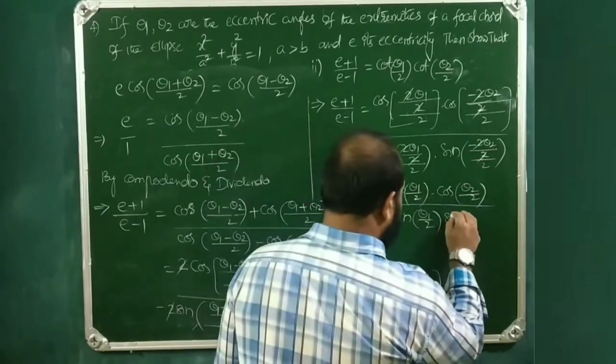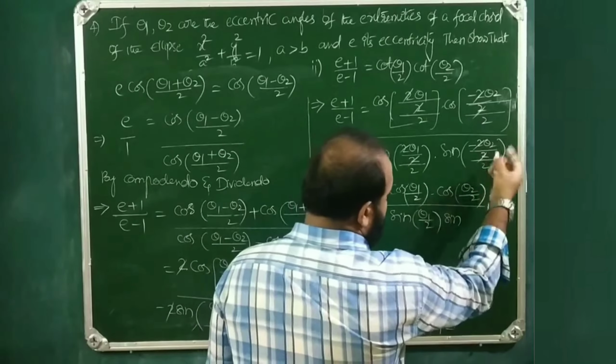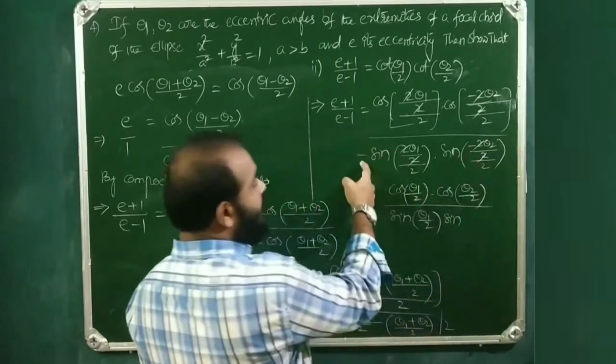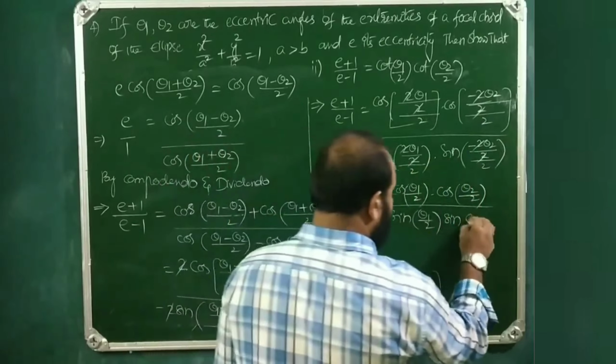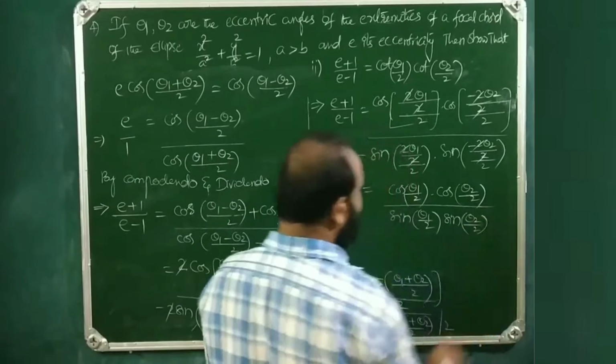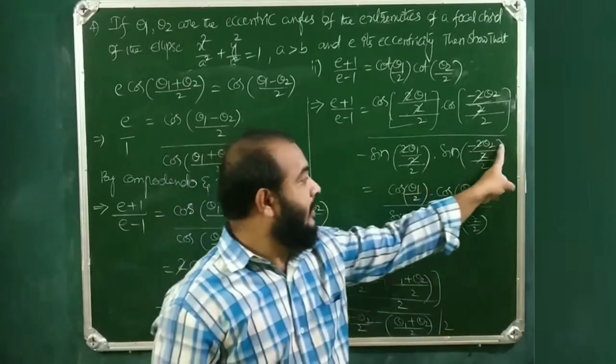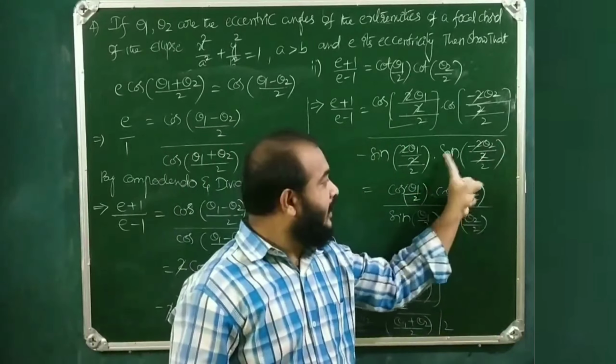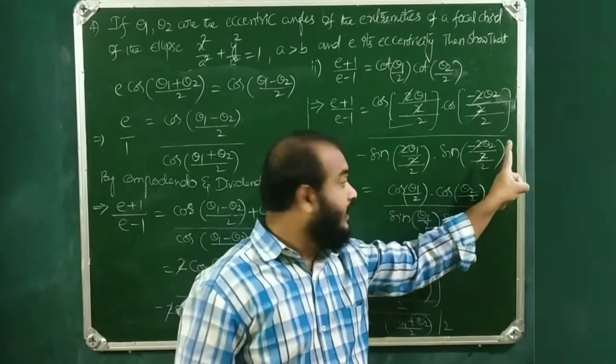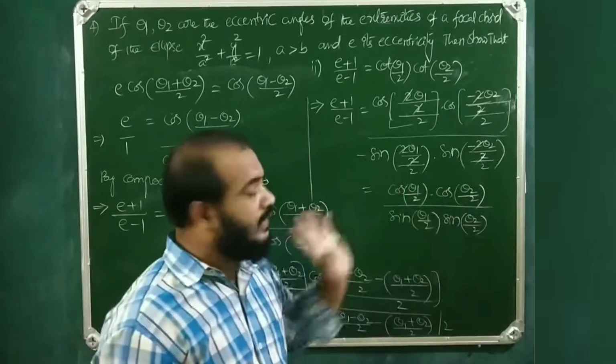So this is sine of minus theta 2 by 2. So minus of minus is plus, sine theta 2 by 2. Again I am telling you, sine of minus theta is minus sine, so minus of minus is plus.